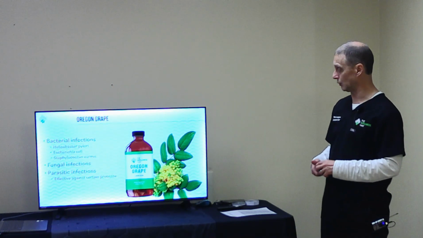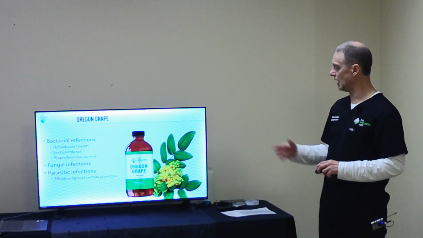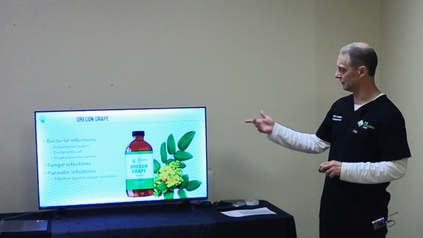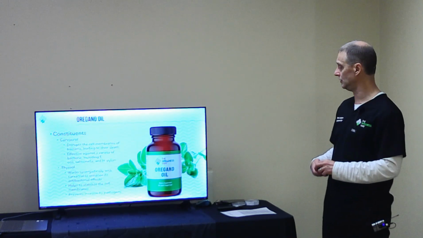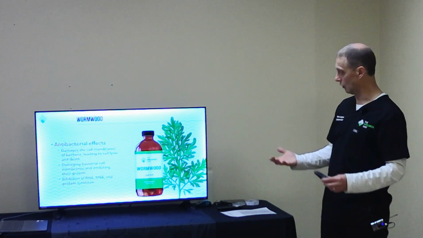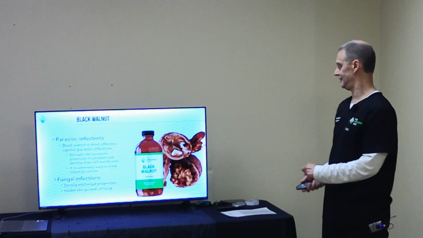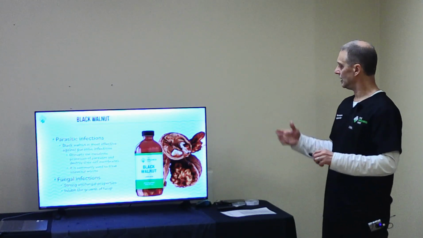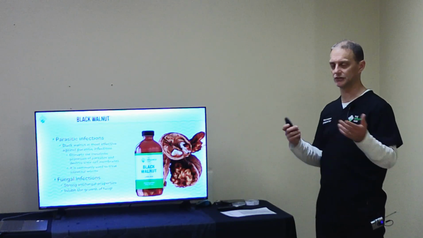Maybe it's Oregon grape that helps with H. pylori, E. coli, staphylococcus, and helps with fungal and parasitic infections. Maybe it's oregano oil. Maybe it's wormwood. Maybe it's black walnut.